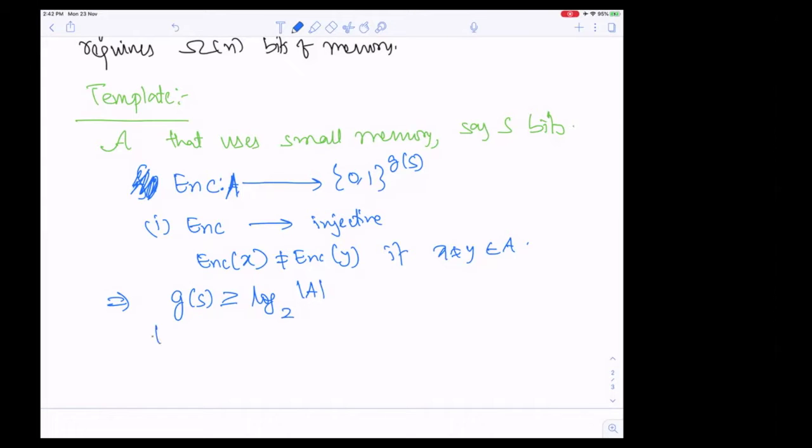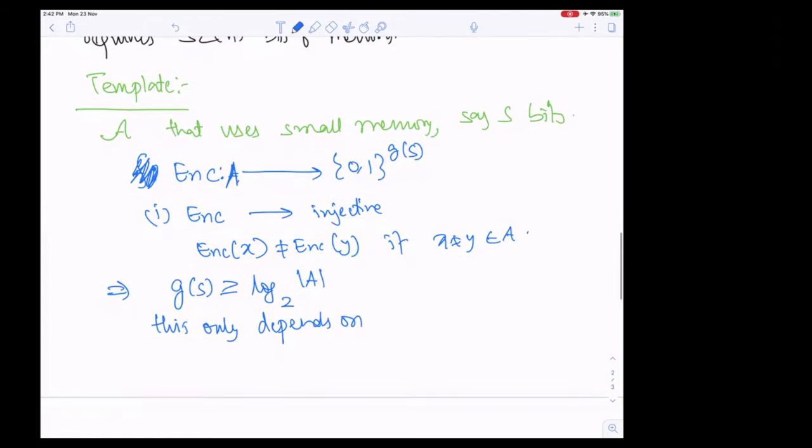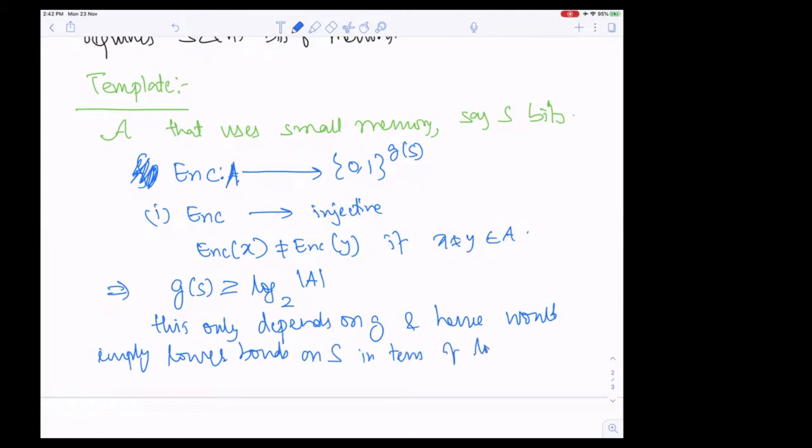Okay. And now notice this only depends on g, and hence would imply lower bounds on S in terms of log base 2 of |A|.